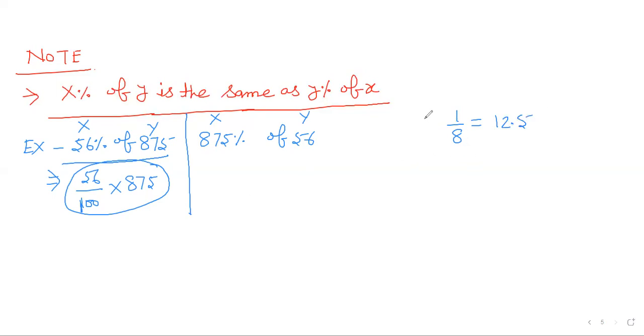And if I multiply this 1 by 8 with 7, what will I get? I'll get 87.5.